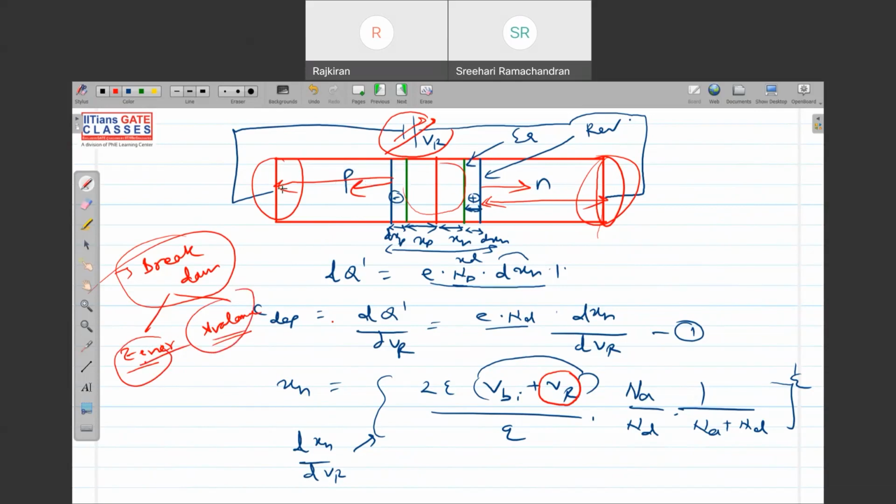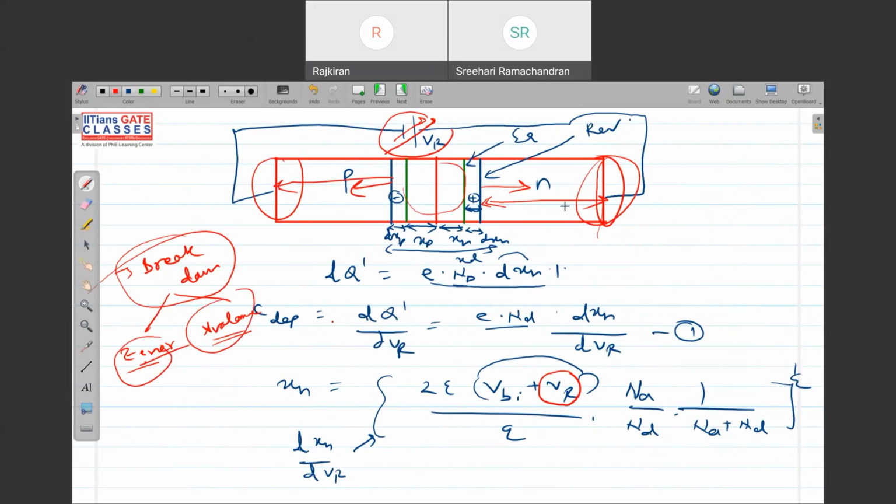Before reaching this limit also, the device will break down and a huge current will flow. Does it depend on the material, sir? It's not material actually, it depends on the construction.